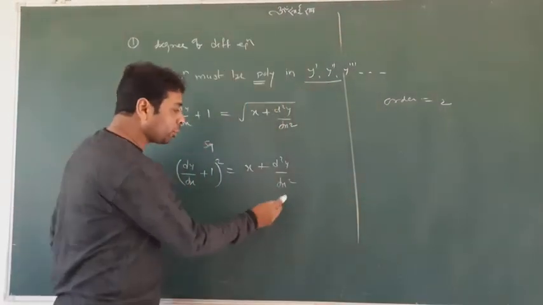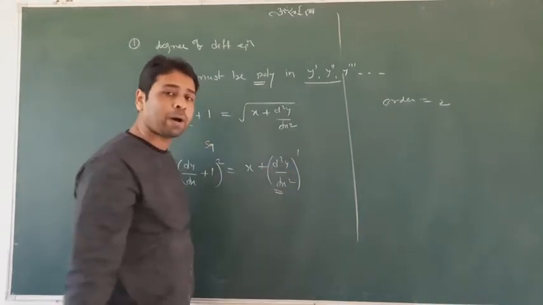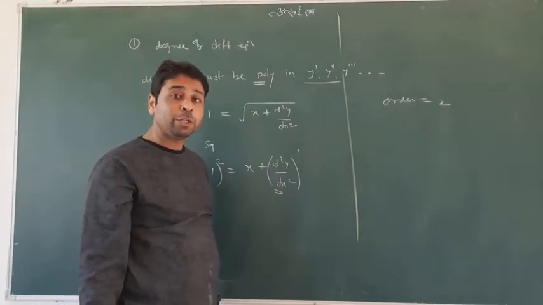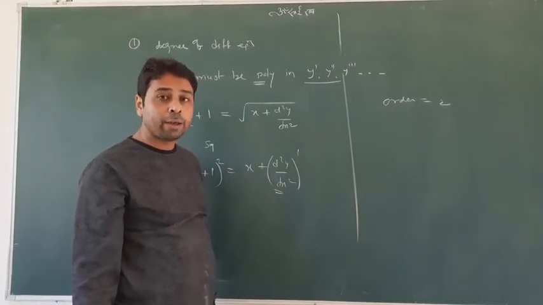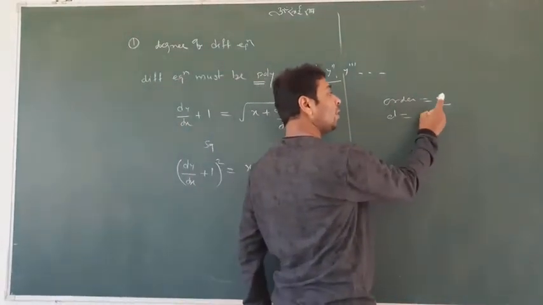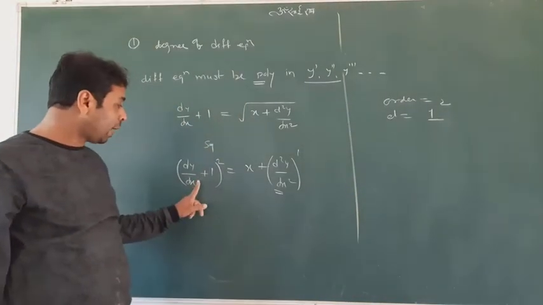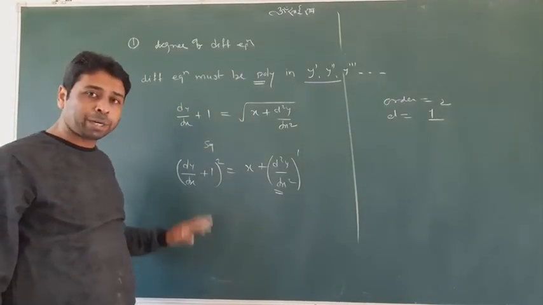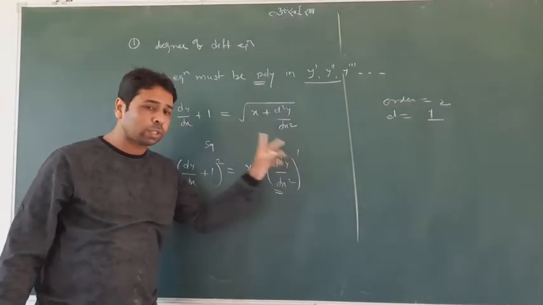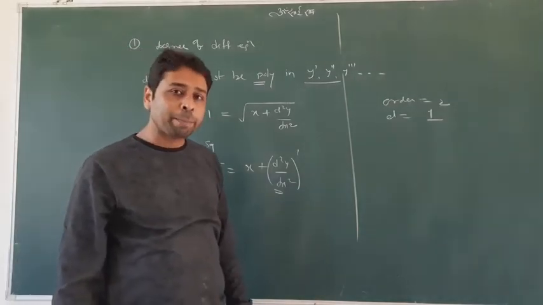And the term by which you found the order, its power will be called the degree. Meaning degree is equal to 1. If you open it, I know dy by dx whole square will come, but it is nonsense for us, because we found the order from here, so look at its power, and that is your degree. That's very simple.